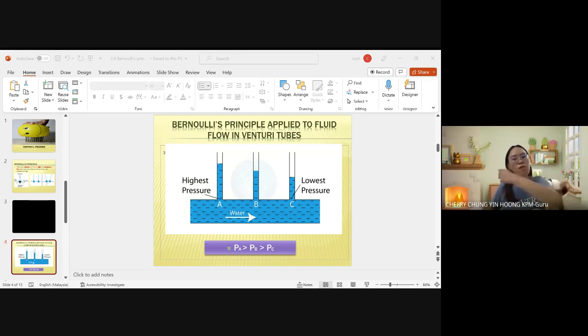Okay, so next. Hold two pieces of paper close to each other and blow steadily into the space between the papers. So what will happen? Jing Hong, what will happen?